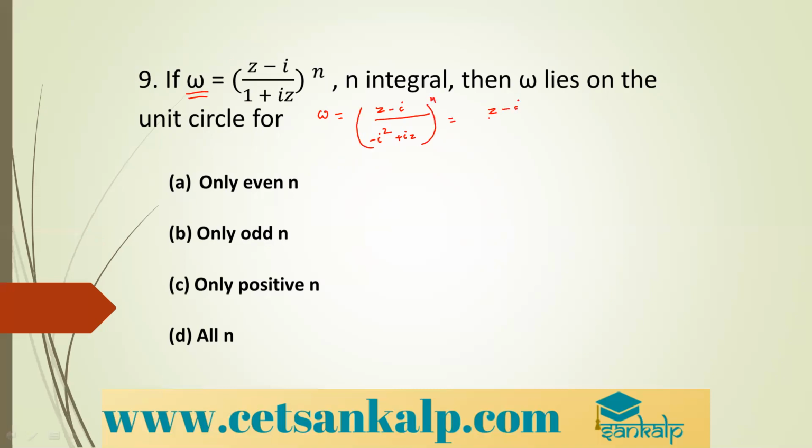I'll write z minus i. Then I will take i common, so that I will have z minus i left. z minus i and z minus i will cancel. And so I am left with 1 by i whole power n, or I can write 1 by i power n.